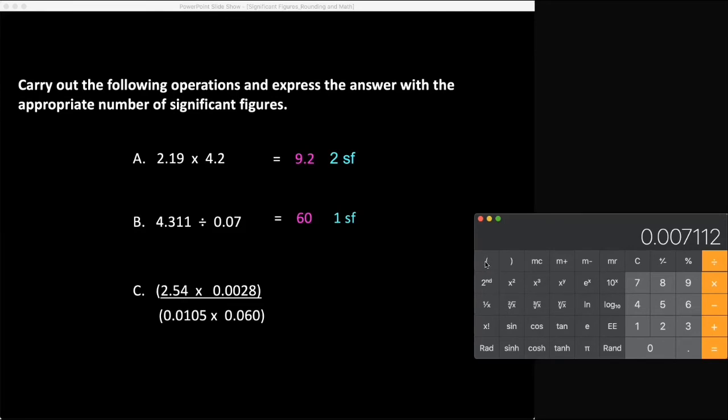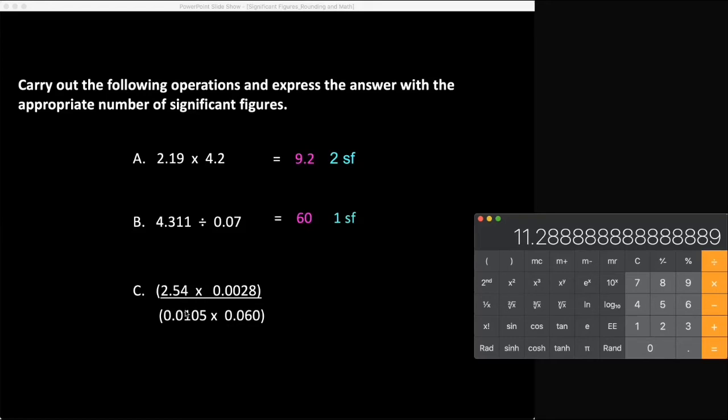Make sure your calculator uses this part first. 0.0105 times 0.060, close parentheses, and I got 11.28, and so on with those 8s.